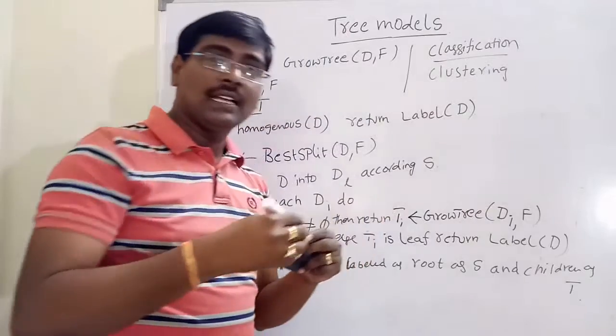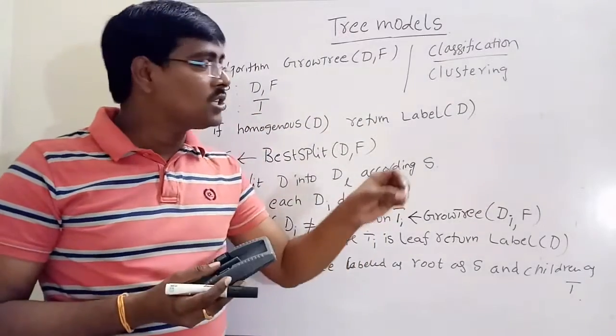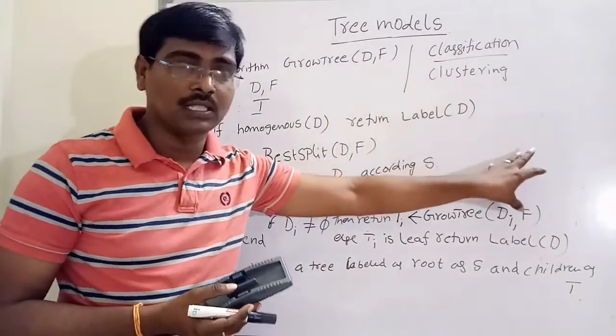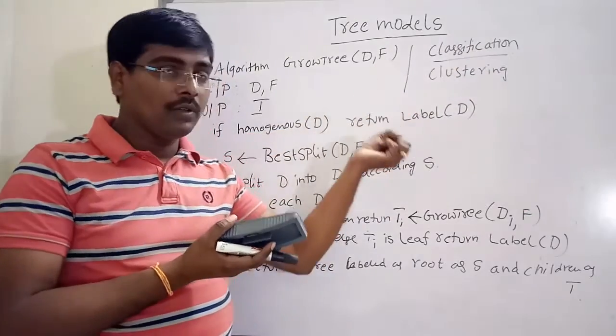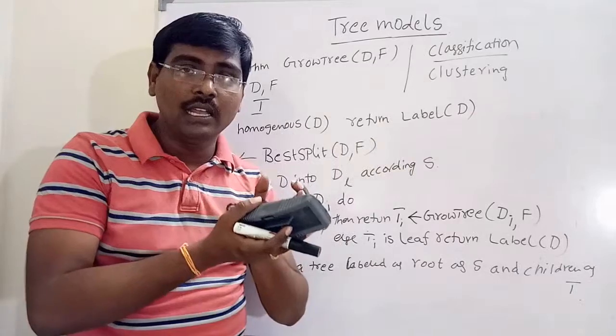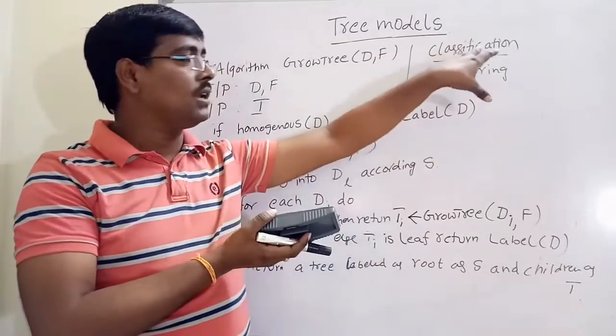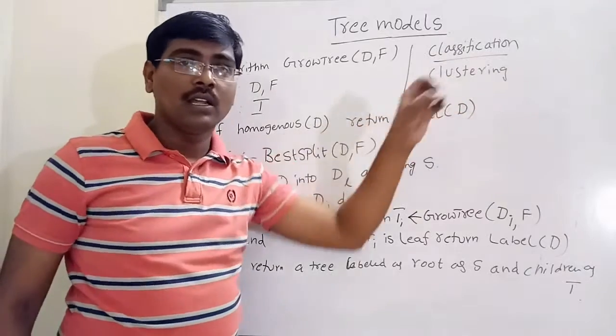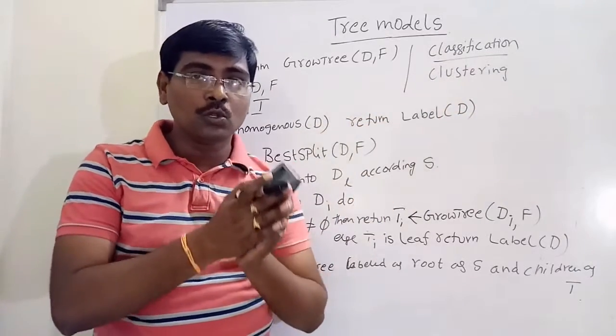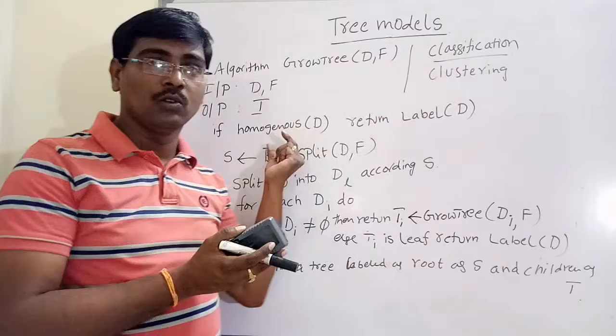If you are using classification, the set of instances must belong to the same class. Generally, we use the majority class: in the leaf node, the majority of elements belong to one class, and we consider that class as the majority class. But in clustering, the set of instances that are close together are considered homogeneous.